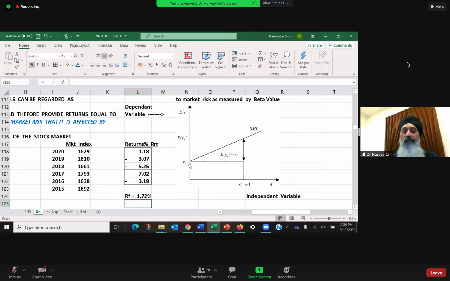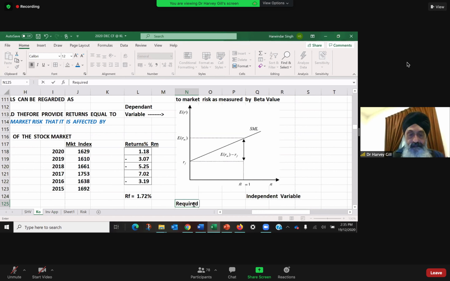So if I then took RF and RM and joined the two dots, I would get a straight line. That straight line would be called the SML, and that straight line, y is equal to a plus bx, isn't it? Would give me a measure of required returns. How?